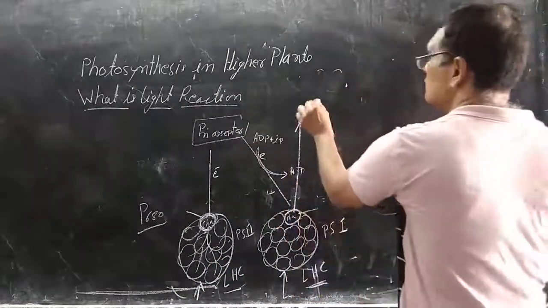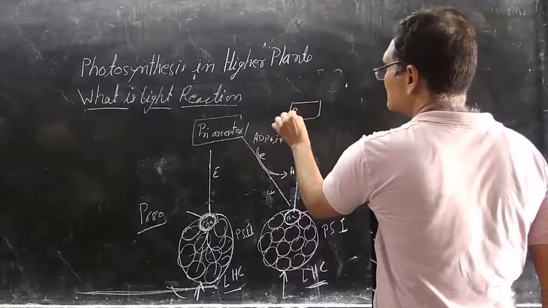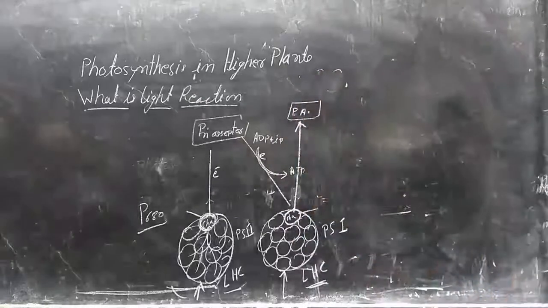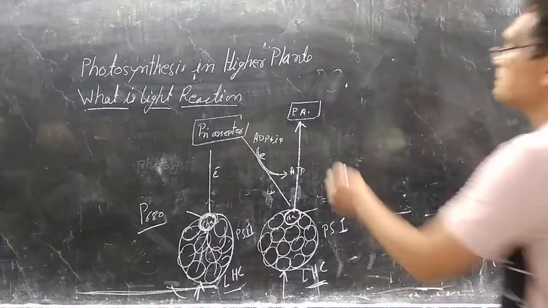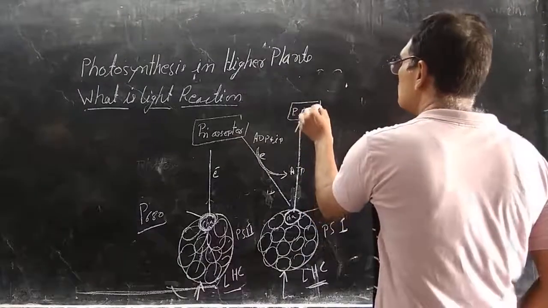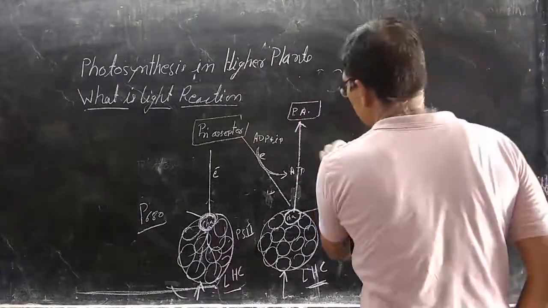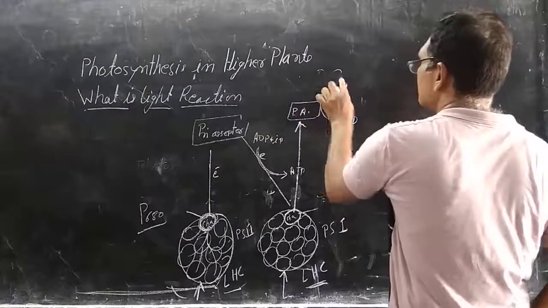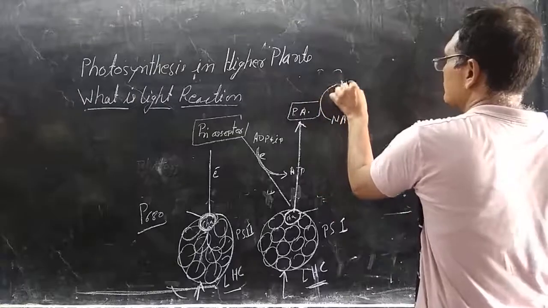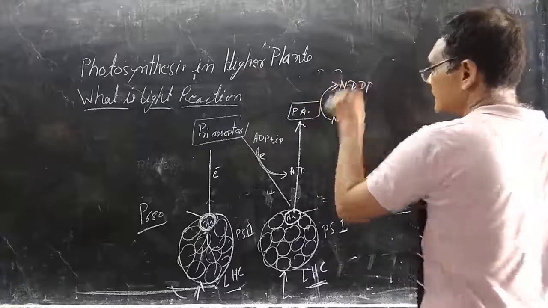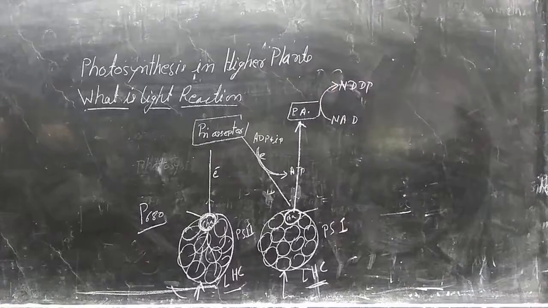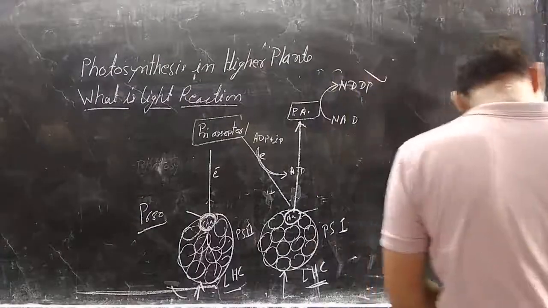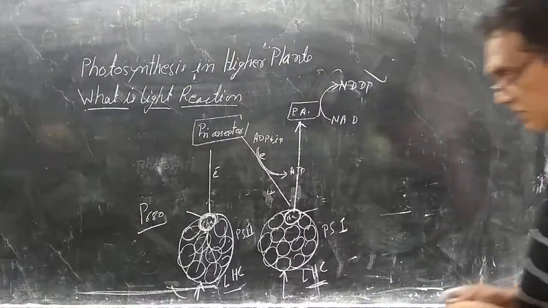That electron will again move to a primary acceptor, again unknown, present in photosystem first, then this electron moves to NADP, and that converts to NADPH, an energy rich molecule. This is the electron transport system.